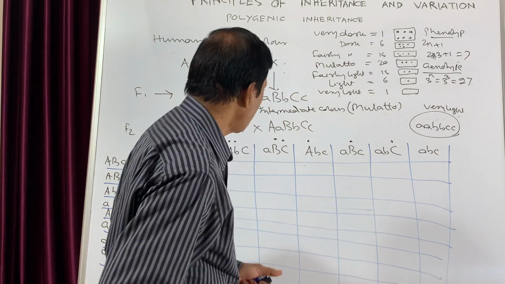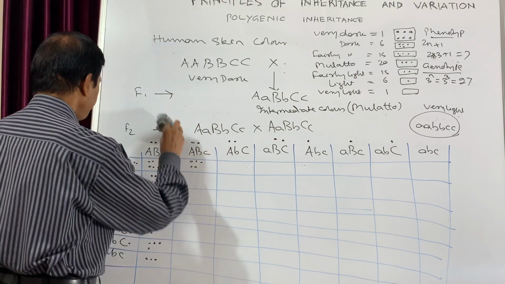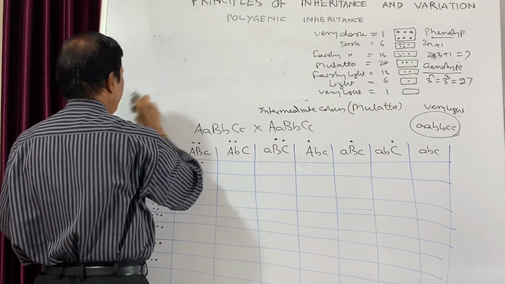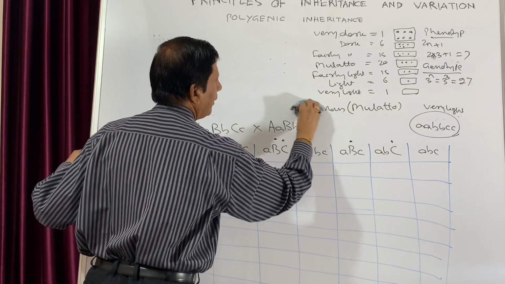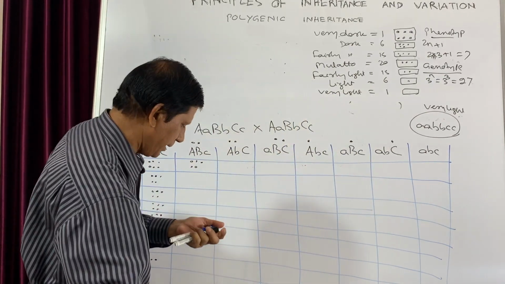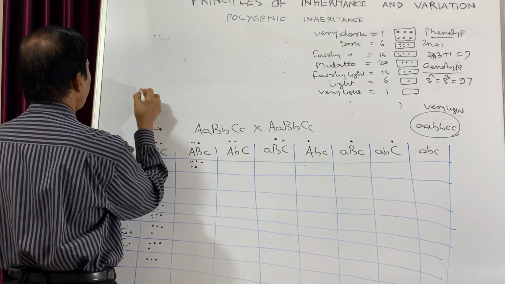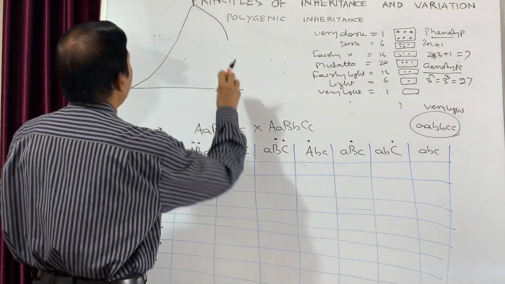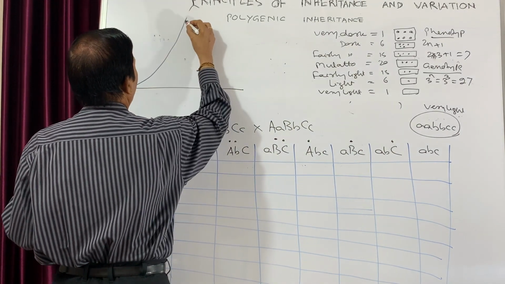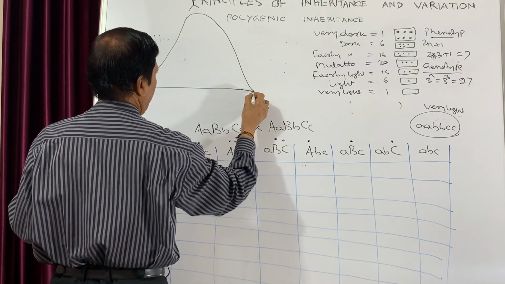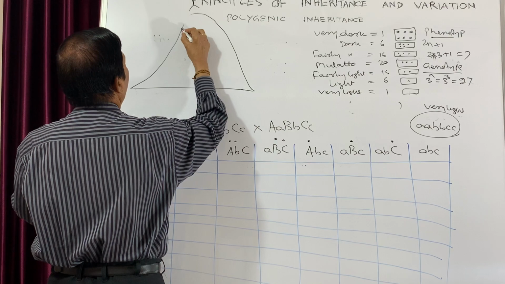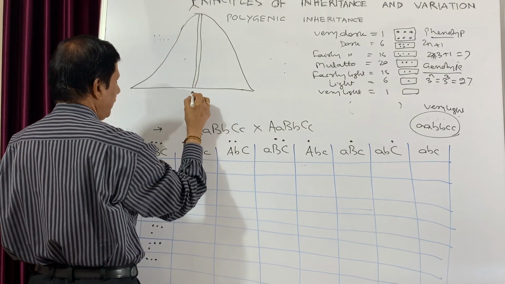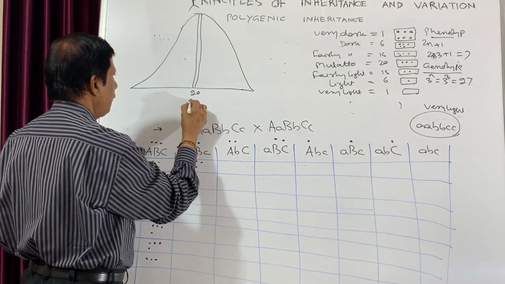Now, if we draw the entire thing in the form of a histogram, see at the center, this will be 20, where there will be 3 dominant genes.